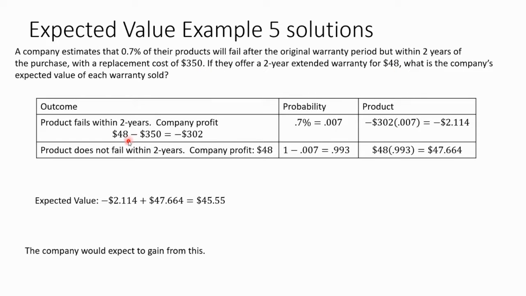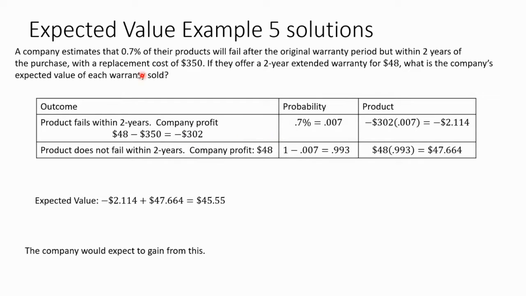You could think of the $350 as negative, because it's costing the company's profits. So the company will make negative $302. In other words, it's going to lose $302. They get $48 from the warranty, but they lose $350 for replacing the product. So if the product does fail, they're going to lose $302. Remember, this is for each warranty sold.